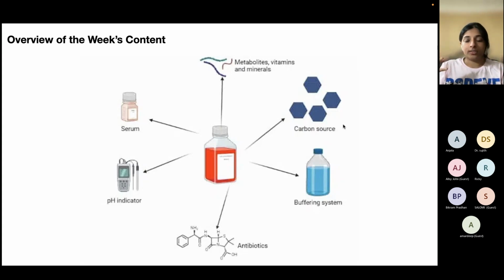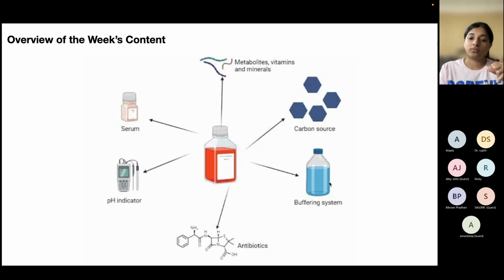If you take any enzyme, it has an optimal pH curve, which means that even to the left or to the right, more acidic or more basic, it will not perform its maximum effect or function. Only at that particular pH will it have proper functioning. So there needs to be a buffering system in place in order to maintain that physiological pH in the cell culture.